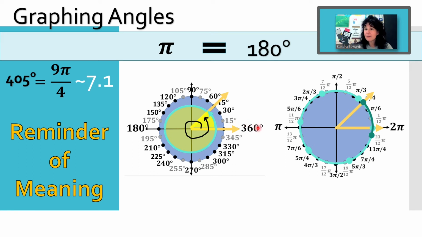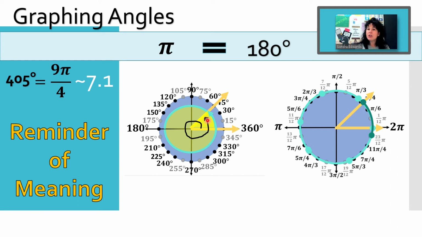If I was graphing 45 degrees, I would start with the same initial side, and I would have the same terminal side. The only difference is this spiral would not go so far. It would start here on the x-axis and just go up to here and stop. So the only way you can tell that is 405 versus 45 is how far that spirals.